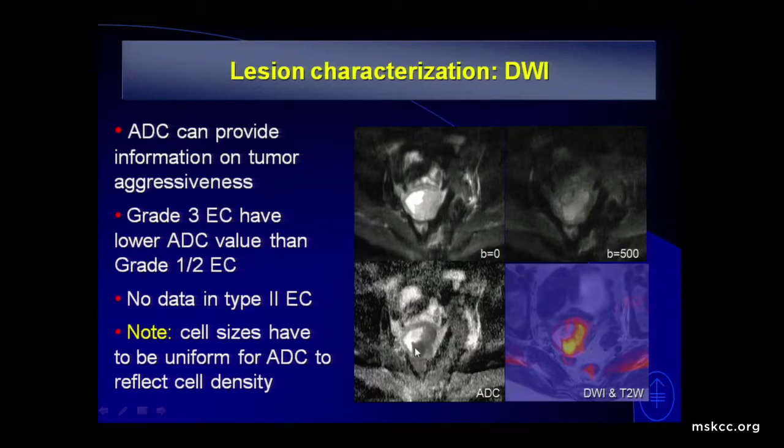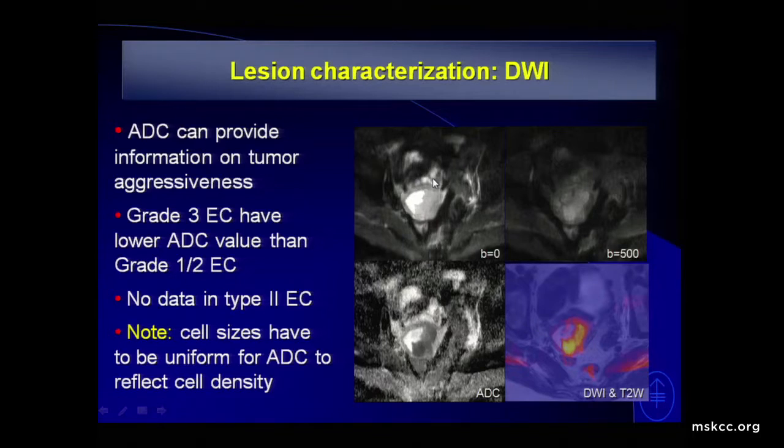So you can actually draw an ROI in each part of the tumor and get a value which tells you how cell dense the tumor is. We know now from our group's publication and other groups that grade 3 endometrial cancers have lower ADC values, so they are more cellular, and that's no surprise, than grade 1 or 2 endometrial cancers. However, there's no data in type 2 endometrial cancers.